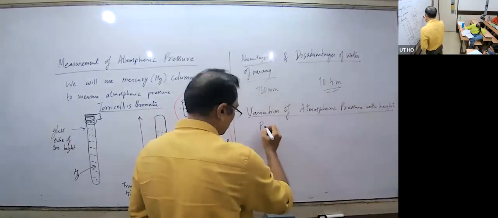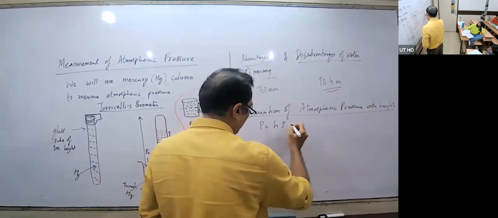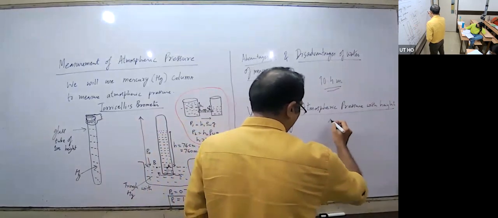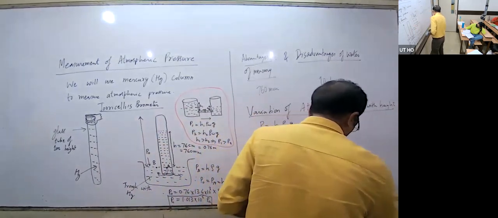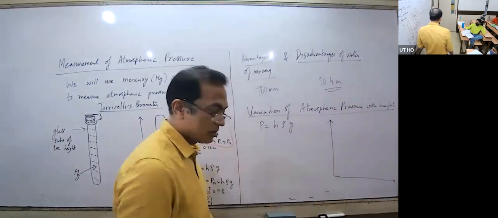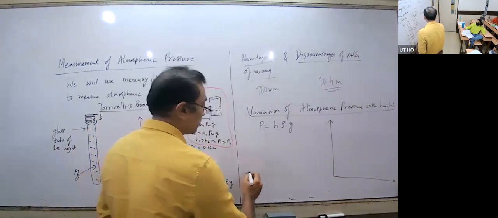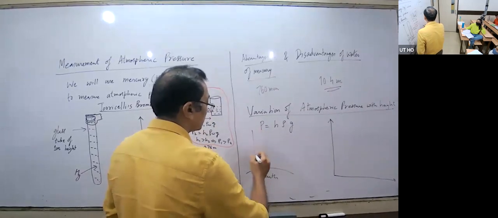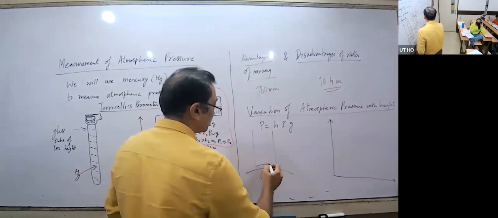See, P is equal to H rho G. So as height increases, two things happen. Listen, this is about atmospheric pressure. So this is Earth. Imagine the air column at this surface.